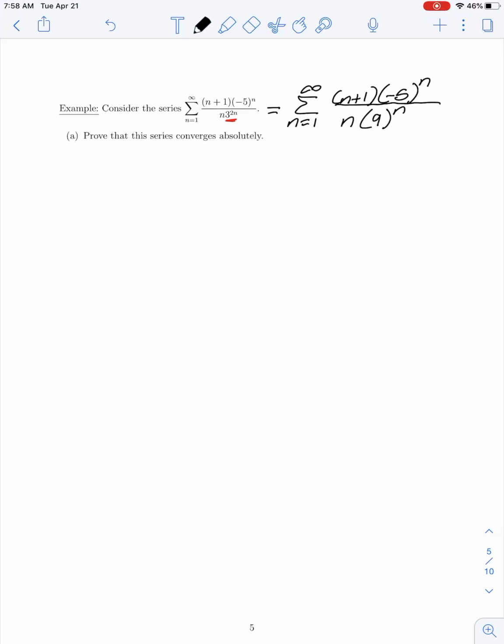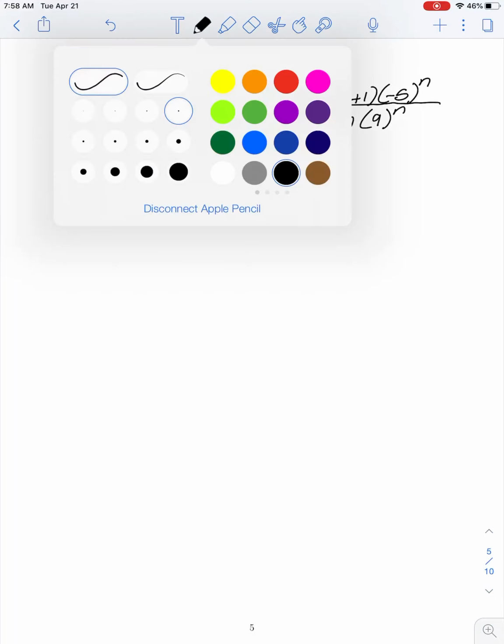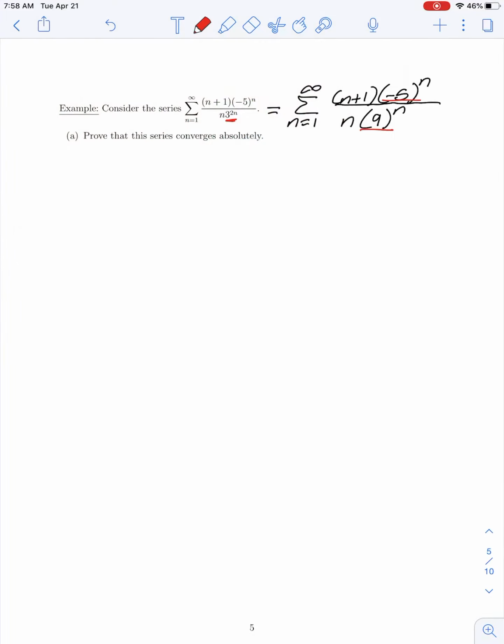So we're simplifying this just a little bit. And because we have these constant terms being raised to powers of n, that should make me think of the ratio test. So in part A of this example, we are asked to prove that this series converges absolutely.